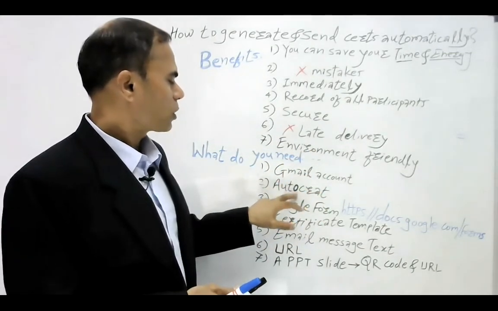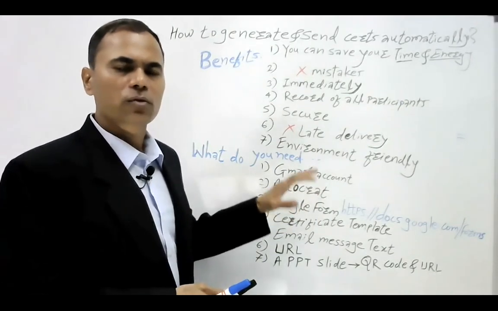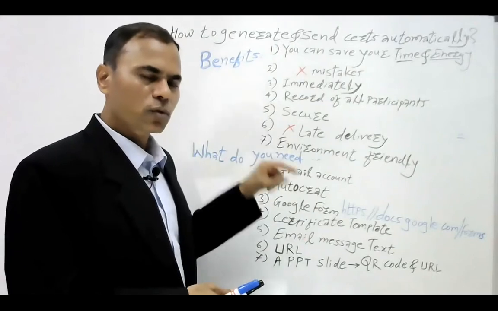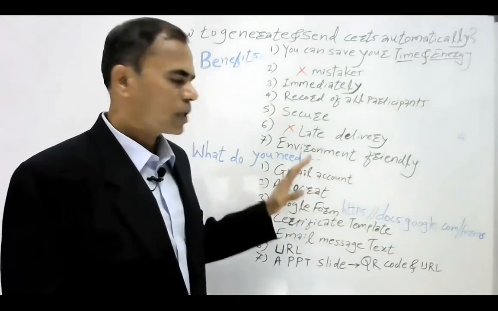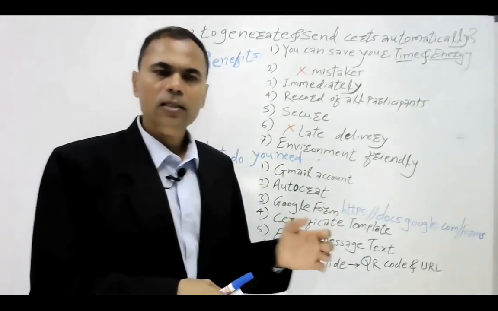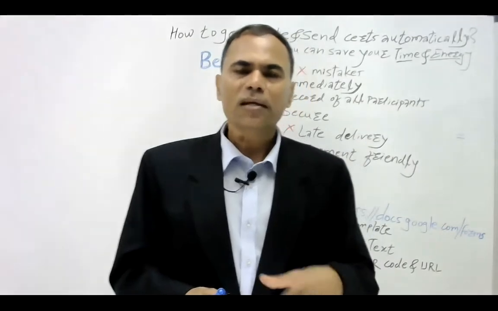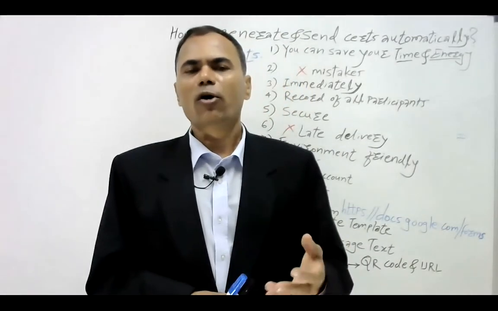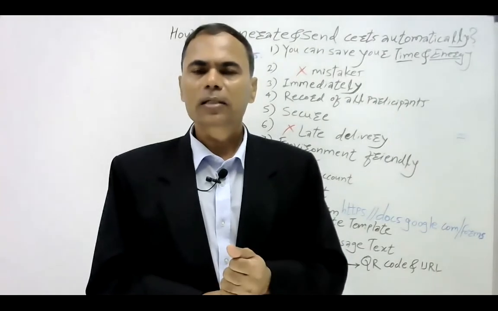But you have to do the setting to give a task to the autocrat. Then once you do that setting, then autocrat will do your job. So autocrat will generate the certificates and will send to the participants. So these 9 steps in all in giving a task to the autocrat, you have to complete.